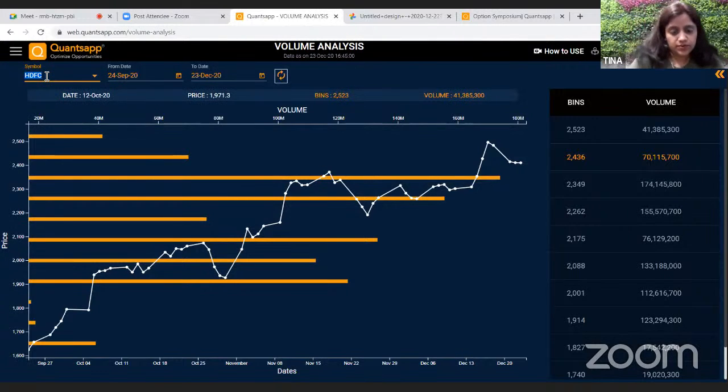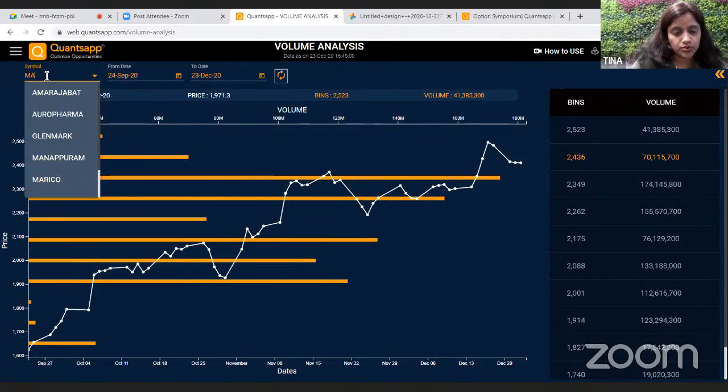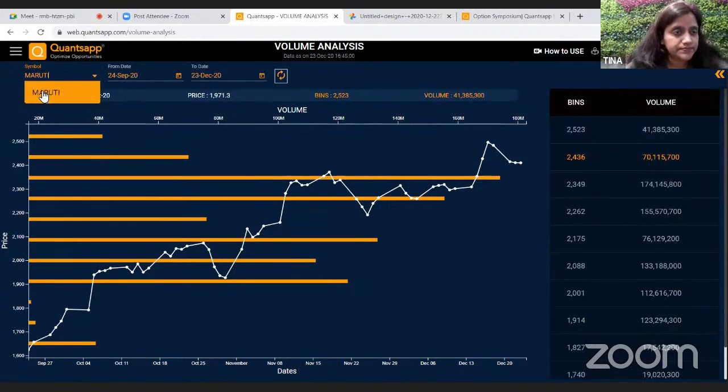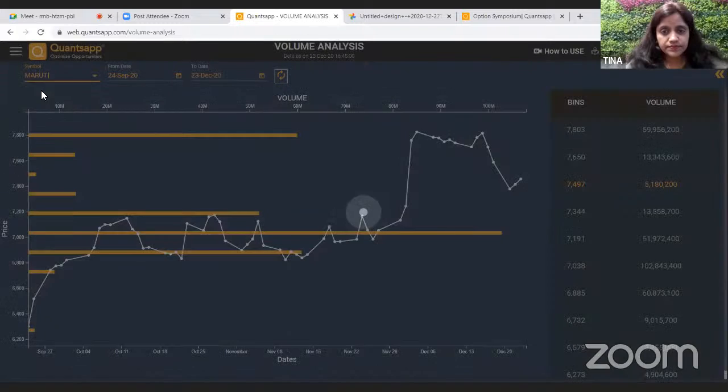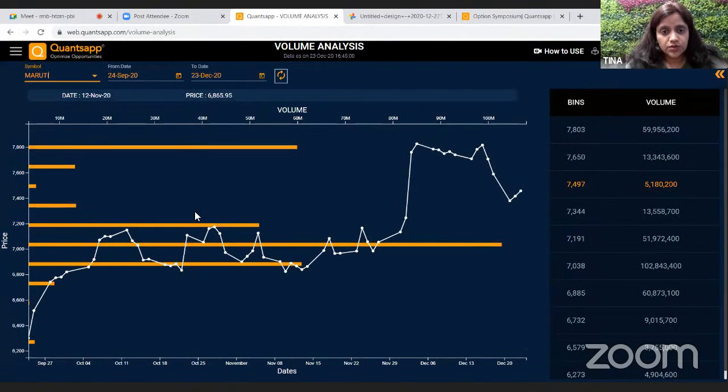If I have to look at some auto, say Maruti. Now Maruti, the cluster area from which it gave the breakout was almost 7,038 and, price-wise, 7,165.